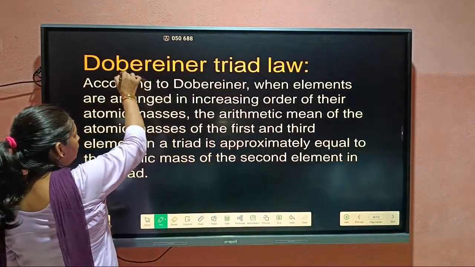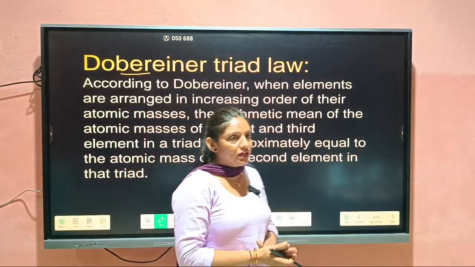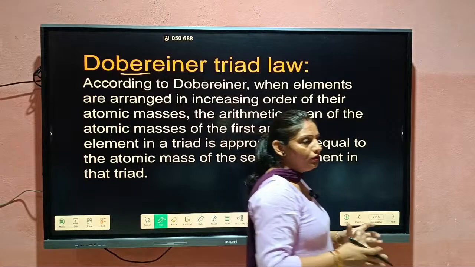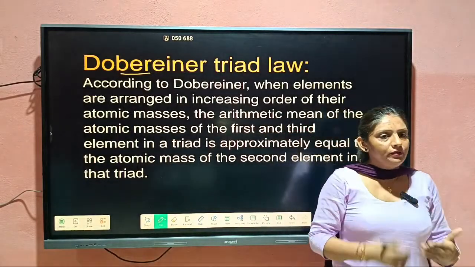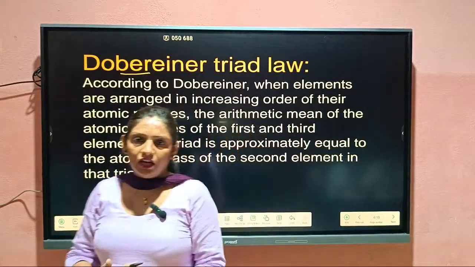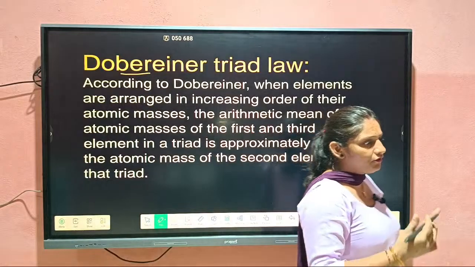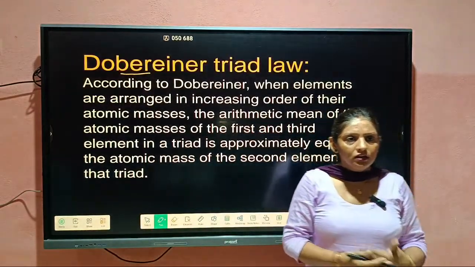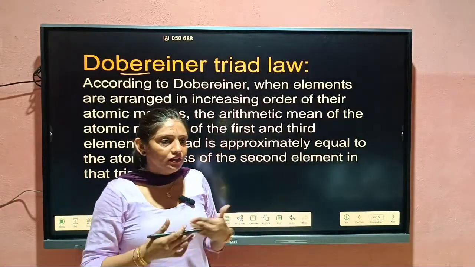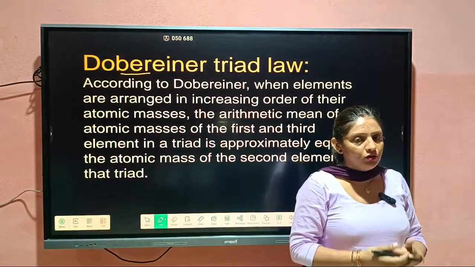Dobereiner Triad law. Students, a number of elements are there, so it is difficult to read the elements individually. So many scientists came and they gave arrangements of the elements in different ways. Some scientists arranged the elements on the basis of their properties.